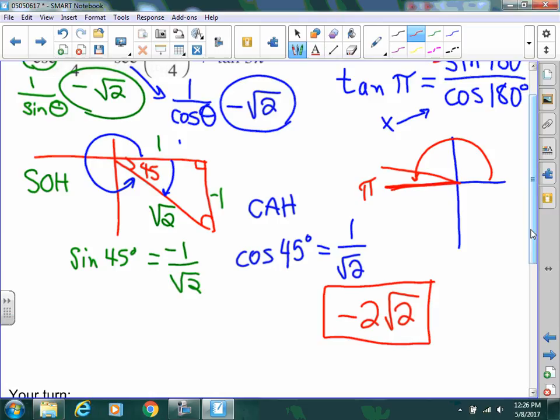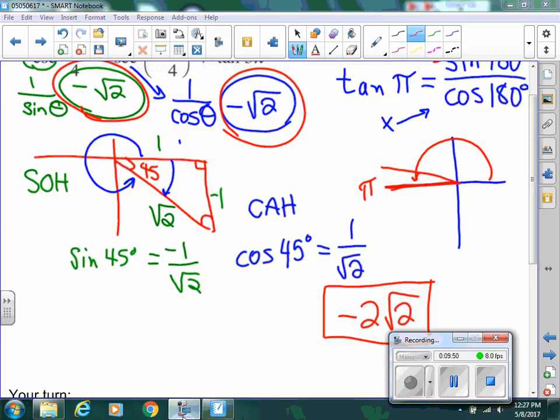Here's one, this one right there, and here's the other one. So 1 plus 1 is 2. Negative 1, negative 1, negative 2. And I kind of treat this like it's a letter. I have a negative x, and I have a negative x, so I have 2 negative x. That's all. Okay? I know these aren't easy.